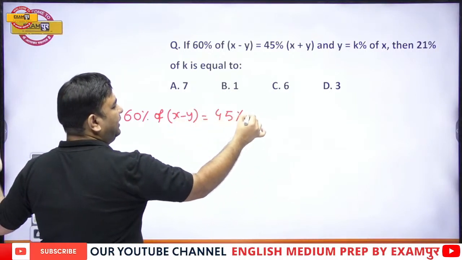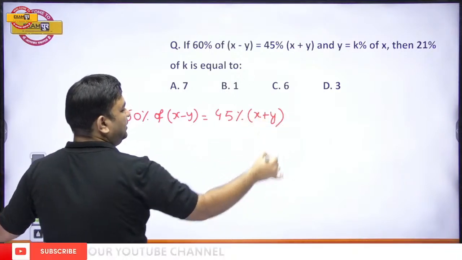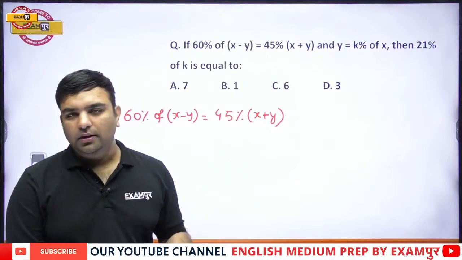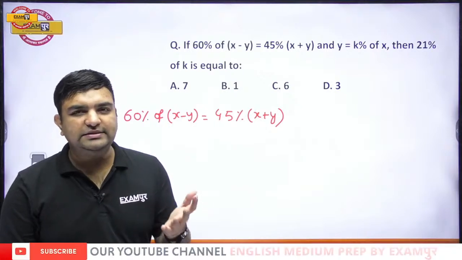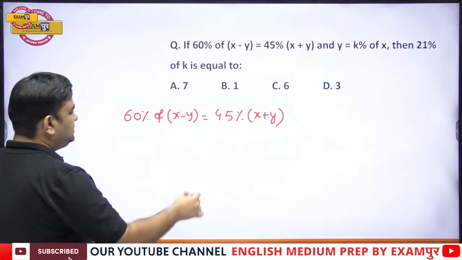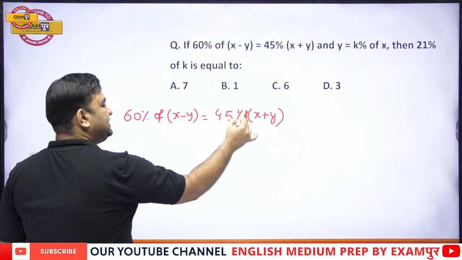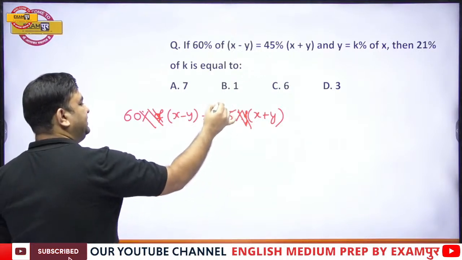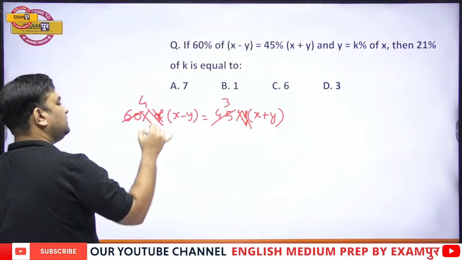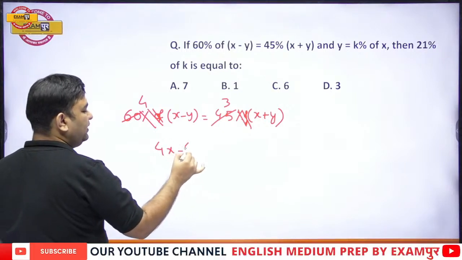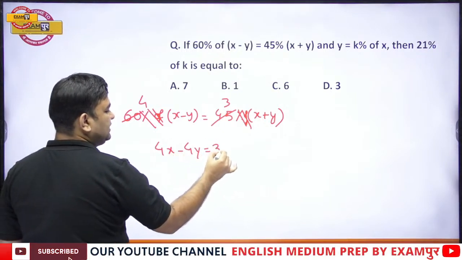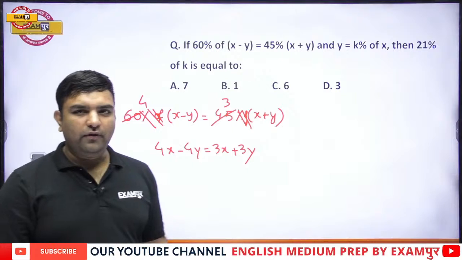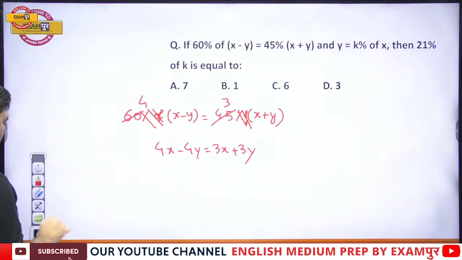Guys, we have read in the earlier classes that on opposite sides of equal to, we can cancel out the things. So, the percentage of will get cancelled out. 15 3 times, 15 4 times. So, 4x minus 4y is equal to 3x plus 3y.